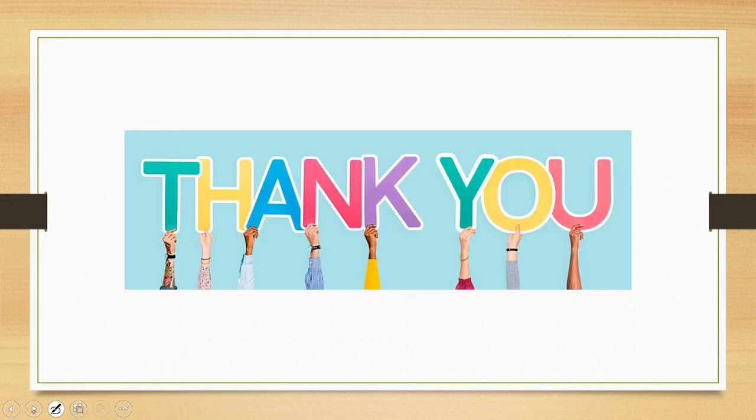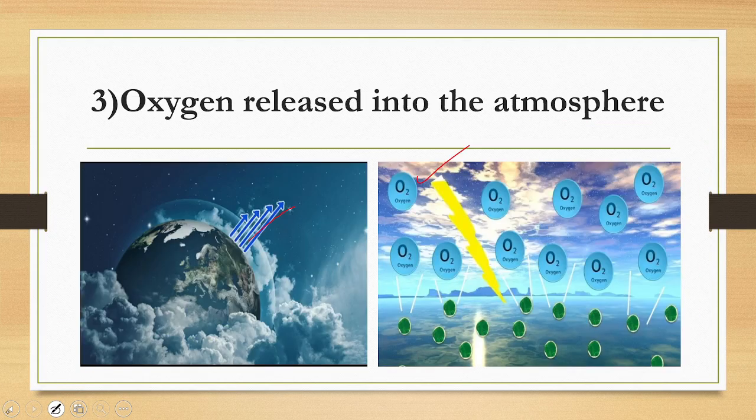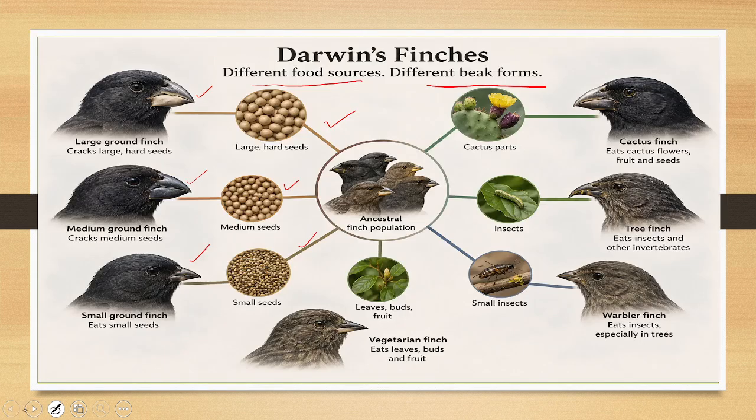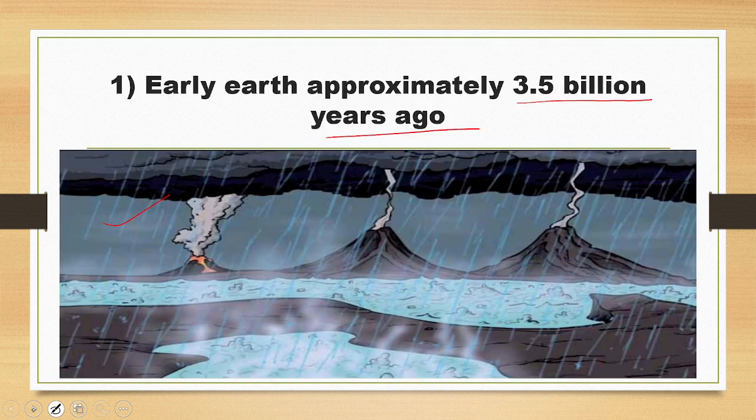So thank you. So today's class, what all we discussed, we can just consolidate. That is, what factors cause the changes in living organisms over time. We said habitat, food availability, internal cellular changes, climate. And coming to the next, when did life emerge on Earth? 3.5 billion years ago.